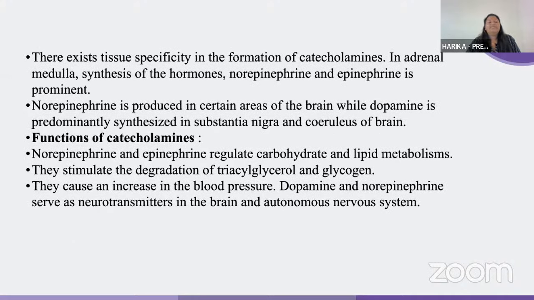So let's see what the functions of catecholamines are. So what do these catecholamines do? Either epinephrine or norepinephrine, they regulate carbohydrate and lipid metabolism. They stimulate the degradation of triacylglycerol and glycogen, and they also increase our blood pressure.